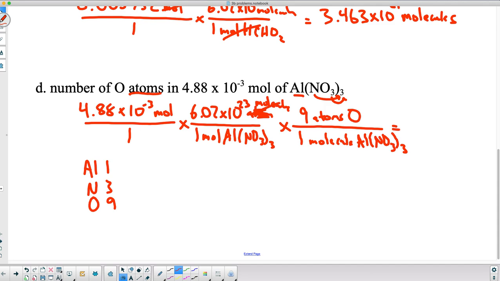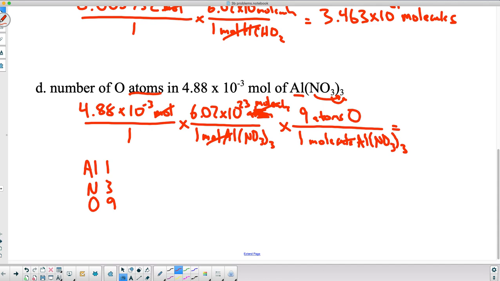So here I have molecules canceling with molecules. I have moles canceling with moles, like that. So I just multiply all the way across. Okay, I tell you what, I want you to try it, make sure you do it. So 4.88, but I want to see, make sure that you're getting the right answer.